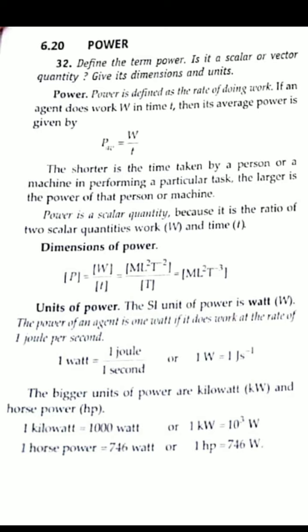The dimension is ML square T to the power minus 3. The unit of power we use is watt. 1 watt equals 1 joule per second. There are also bigger units, kilowatt hour and horsepower.